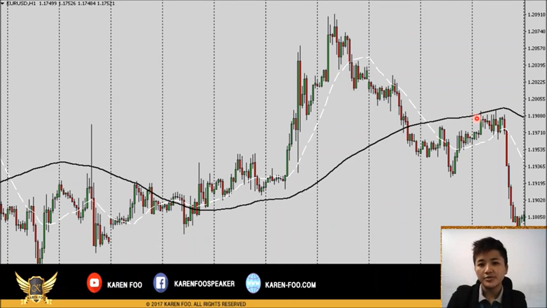Let me give you a couple more examples. Let's say I change to euro dollar, same thing, hourly time frame. Let's look at this day first. In the bearish trend, the price is going down. Then after that, it shot back up straight away to touch 20 SMA. Same for here, it touched.